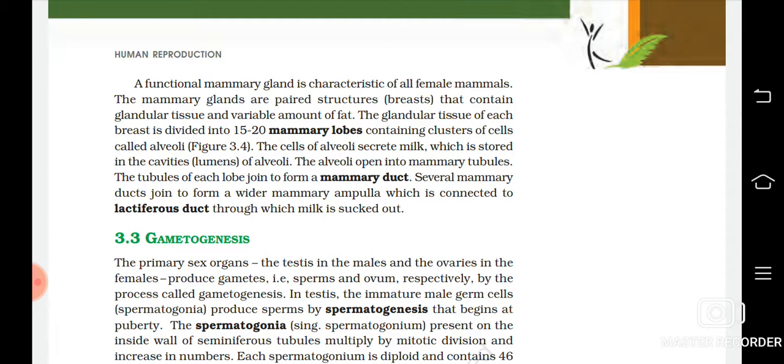Understood? So in this way, the mammary glands help in what? Secreting the milk. Okay, so this much is very clear to everyone.